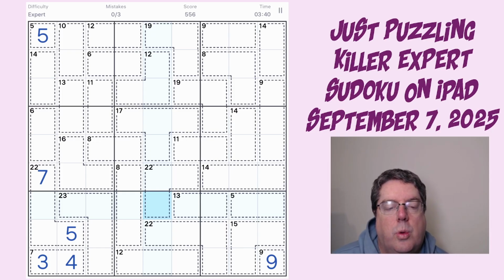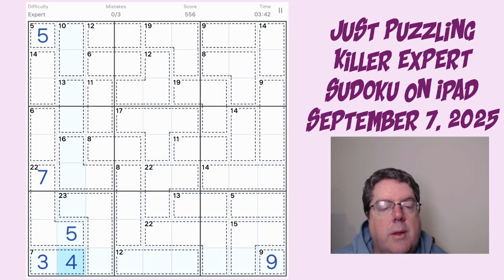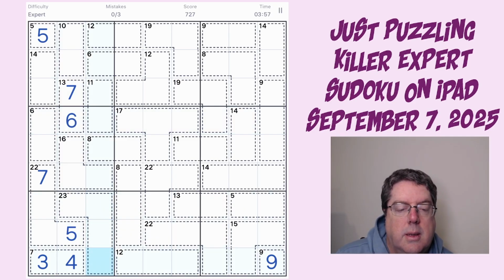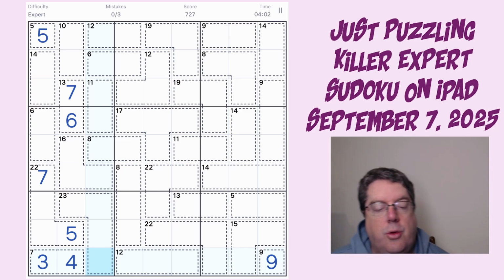Okay, 5 and 4, so because of the 5 and 4 here, the 4 and 9's out, the 5 and 8's out, so this is going to be 6 and 7. Because of the 7 here, this is going to be the 7, leaving this to be the 6. So 6 is down here with the 7, 6 and 7 here. 6, 7, 8 and 2.